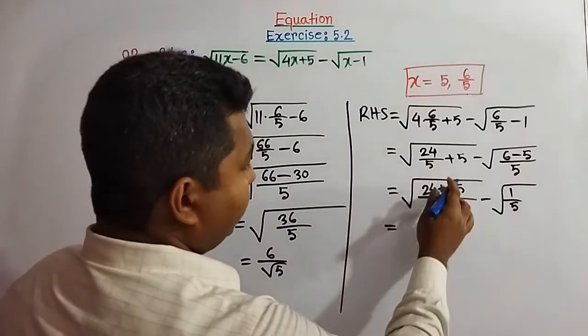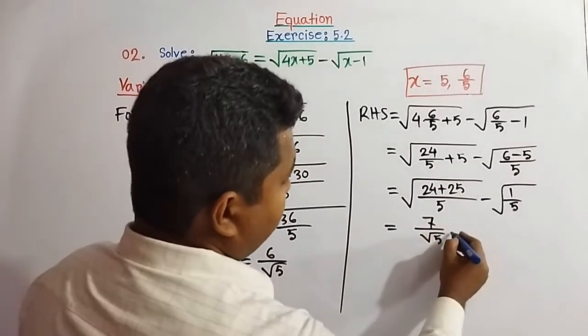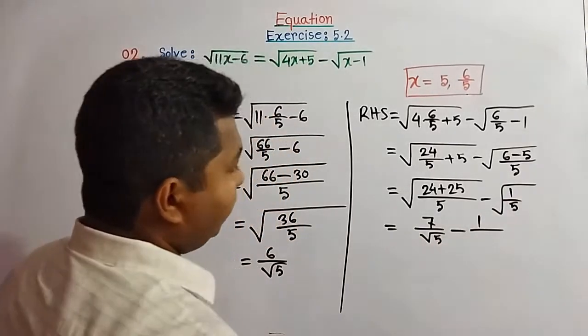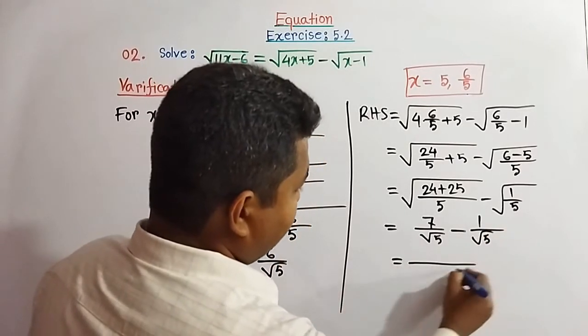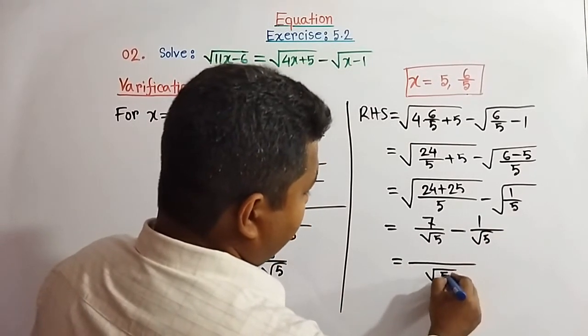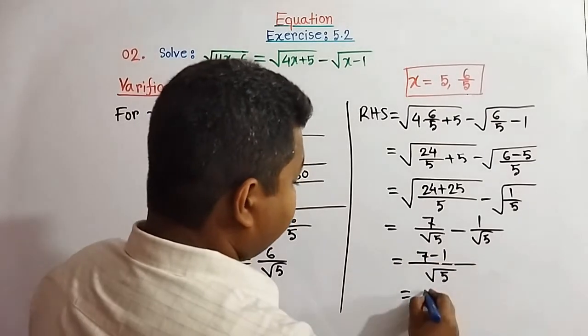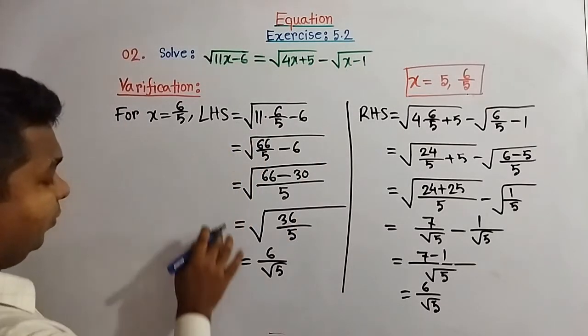So square root 49 equal to 7 divided by square root 5, minus square root 1, that is 1 divided by square root 5. Now taking common LCM as root over 5, we can write 7 minus 1, so 7 minus 1 equal to 6 by root over 5, which is equal to our left hand side.